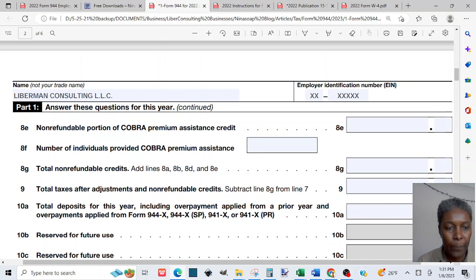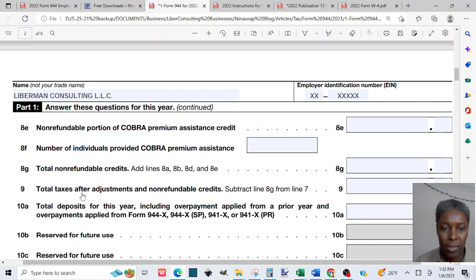Line 8G, total non-refundable credit. So you add line 8A to line 8E, and in our case it is 0, so we leave it blank.